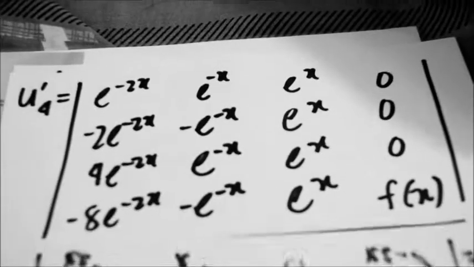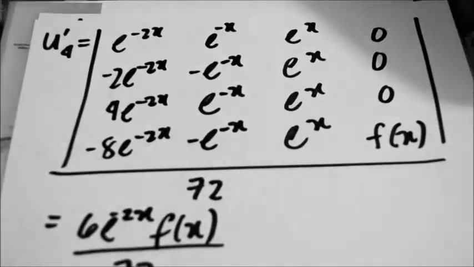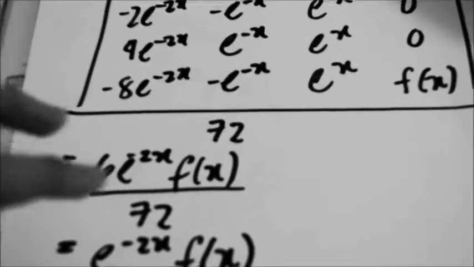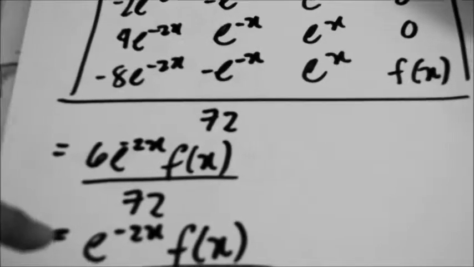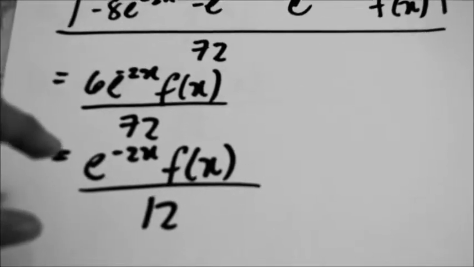And for u sub 4 prime, we will set this to 0 and divide this overall with 72, and we will get 6 e to the negative 2x f of x over 72, or e to the negative 2x f of x over 12.